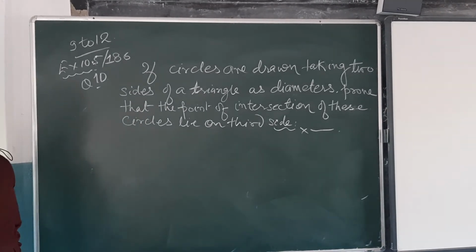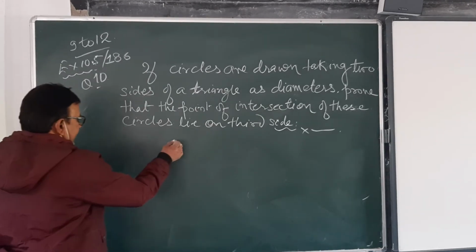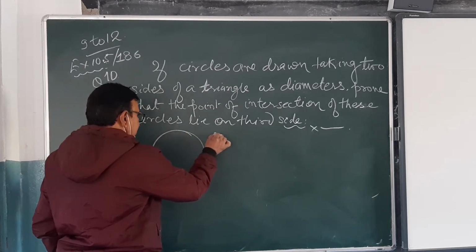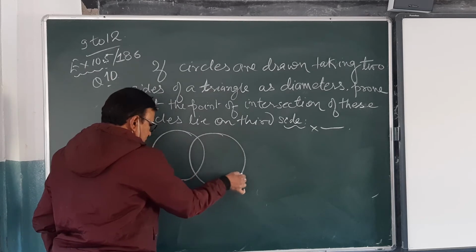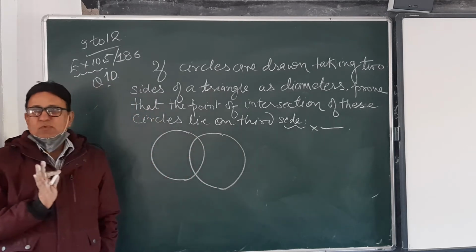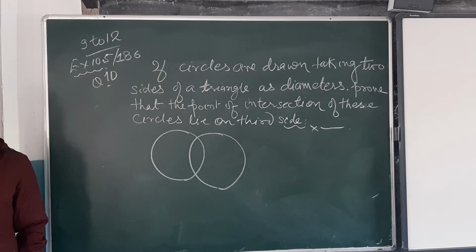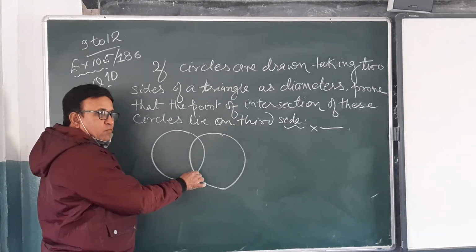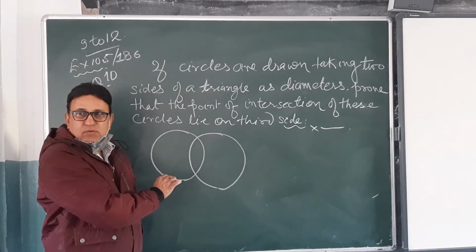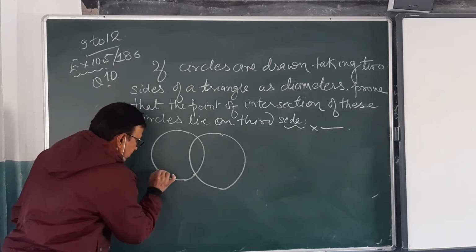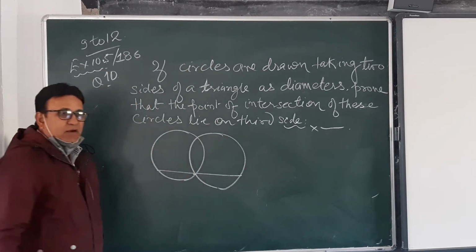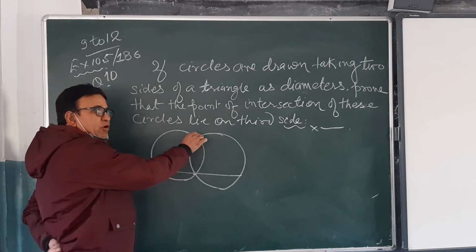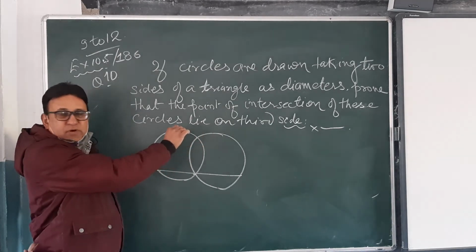Look, there is an easy way to make this figure. First you take the two circles, instead of making the triangle. First you draw the circles, then look here: from this point to this point draw a line segment, or you can say this is one side of the triangle. Then simply join. This is the point of intersection, the second one, the point of intersection of the circles.